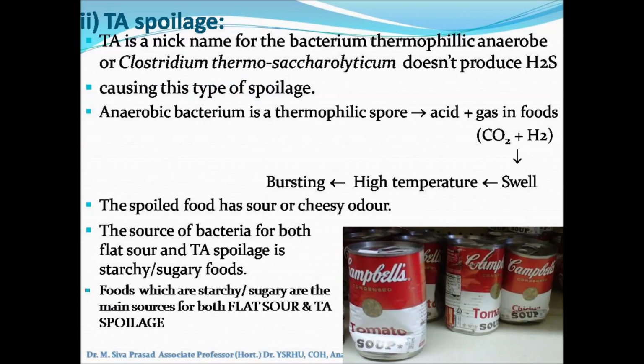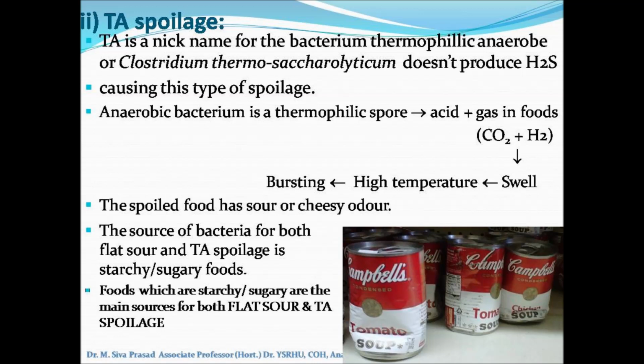TS spoilage is caused by Clostridium thermosaccharolyticum, which is a thermophilic anaerobe. This causes spoilage of the food without producing hydrogen sulfide, but it produces acid and gas. That gas includes carbon dioxide as well as hydrogen.